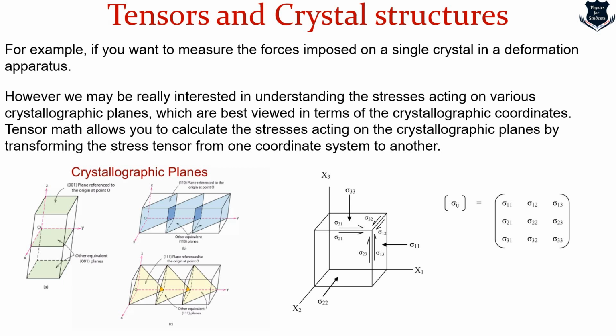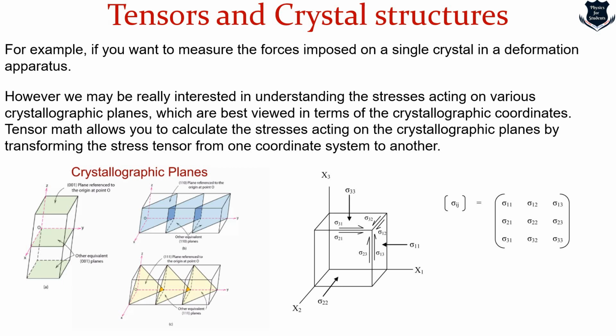That is how we can transform the crystal which we are studying in crystallographic planes from one coordinate system to another. That means we come across another feature of tensors, not only planes or complex structures: if we want to transform the crystal from the crystallographic planes by transforming the stress tensor which is prevalent in one coordinate system, tensors also come into use.